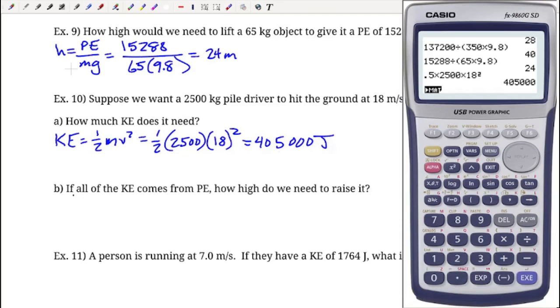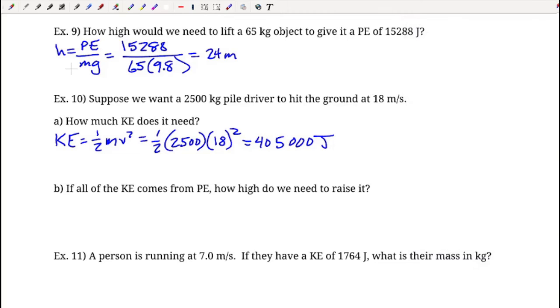Now part B asks, if all of this kinetic energy comes from potential energy, how high do we need to raise it? In other words, if this is my potential energy, 405,000 joules, that's going to convert into this kinetic energy. We want to know what the height is. Well, from previous examples, we know that height is potential energy divided by mg.